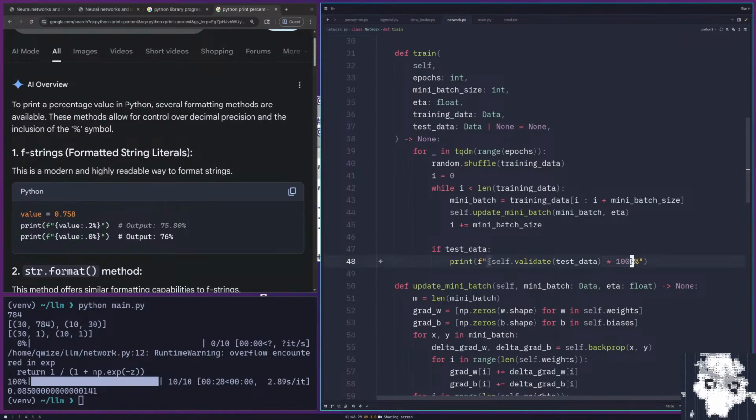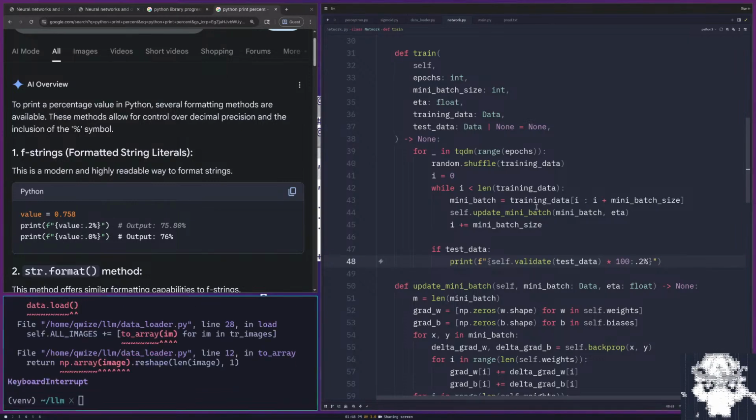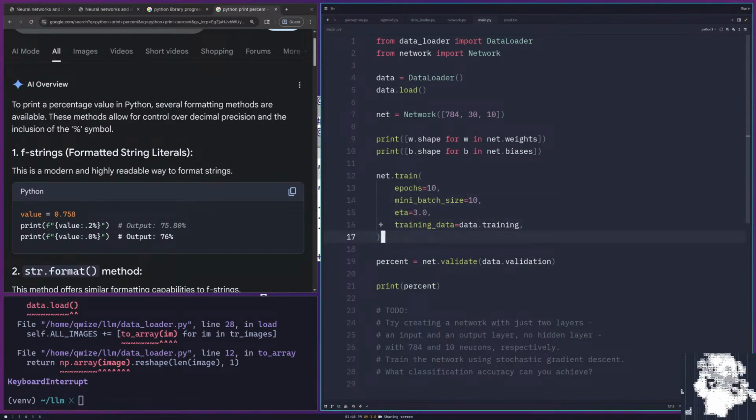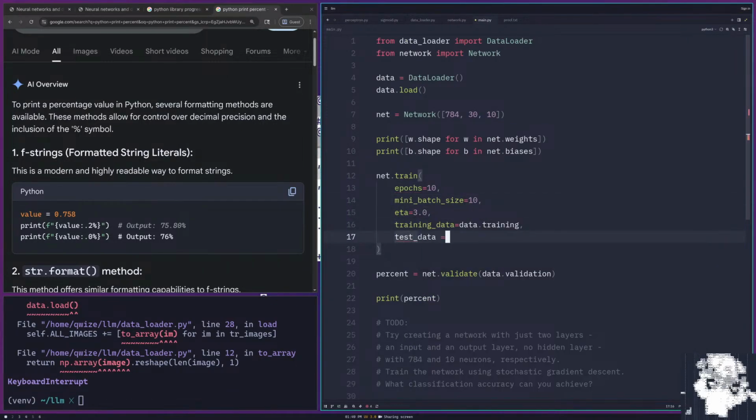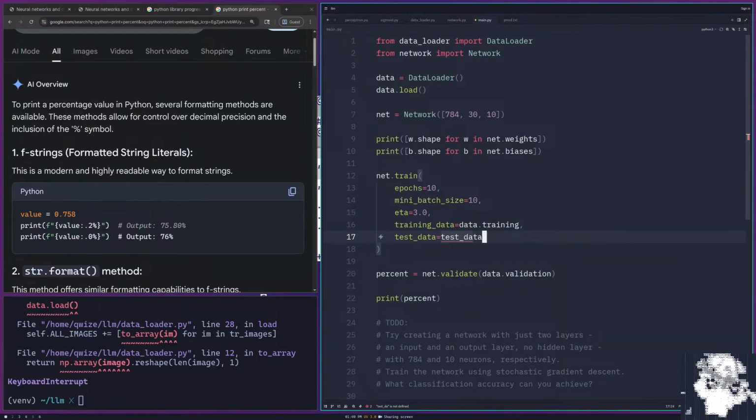Oh, no, I still need the times 100. So here I could do colon 0.2%. Why do you put the percent inside that? I'm not sure, but let's see what this says. Well, wait, I didn't pass in test data, so it won't do anything. Test data equals test data.